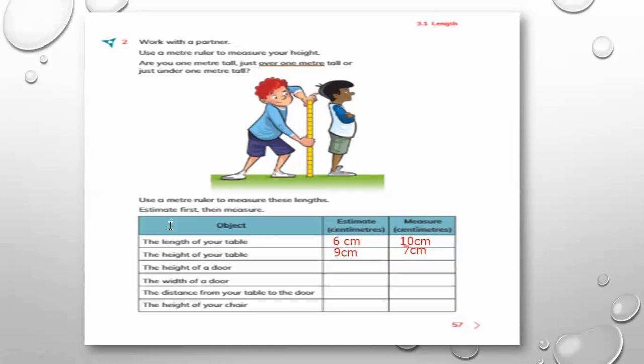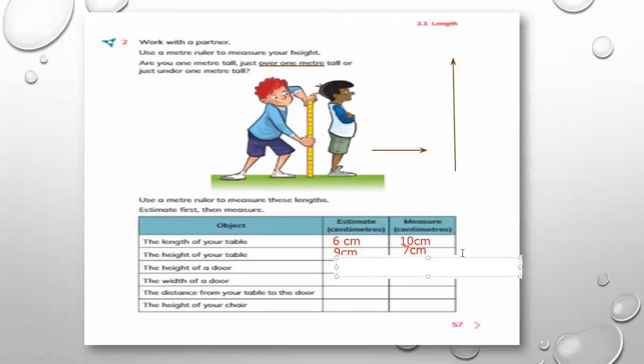Okay. Length will be left to right, and height will be from top to bottom or bottom to top. Okay. So likewise, we are going to do height of the door.